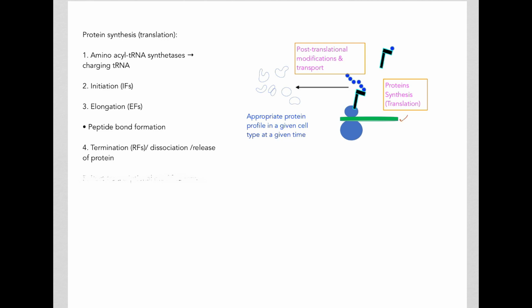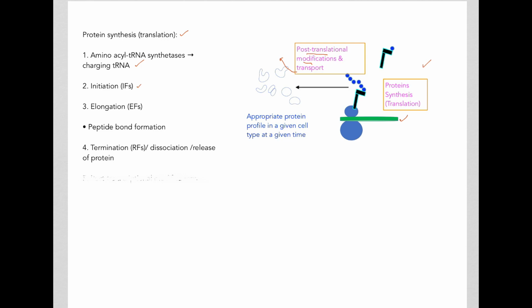Once the RNA is in the cytoplasm, then the messenger RNA is translated into protein, and some proteins then will become modified, what we call post-translational modification. Eventually, these proteins will be transported to various parts of the cell. So all of these steps require a variety of different proteins. For example, protein synthesis requires the enzyme amino acid tRNA synthetase that's involved in charging tRNAs.